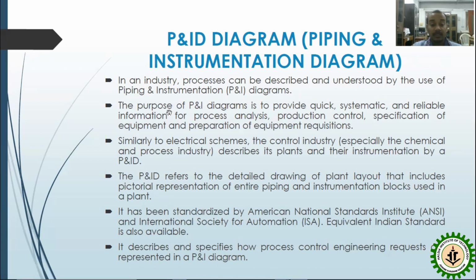The second point gives us the information that the purpose of the P&I diagram is to provide quick, systematic, and reliable information for process analysis, production control, specification of the equipment, and preparation of equipment requisitions. That means the pictorial representation needs to be quick enough, systematic, and reliable, so that information can be given to different audiences and clearly understood by them.